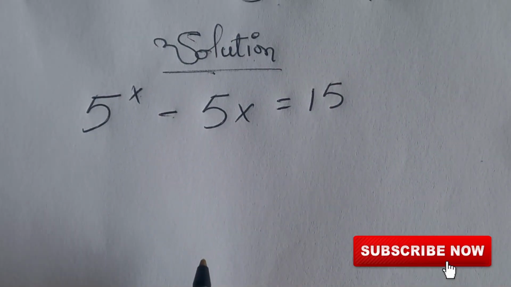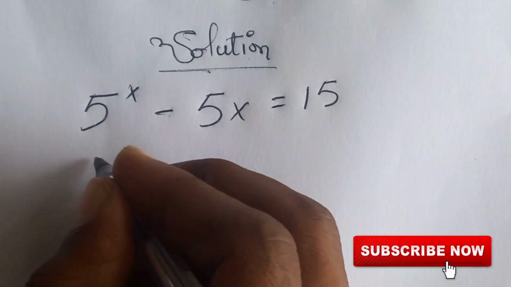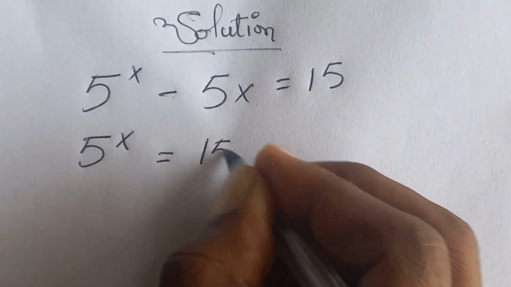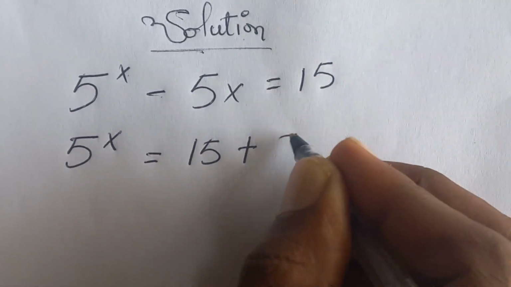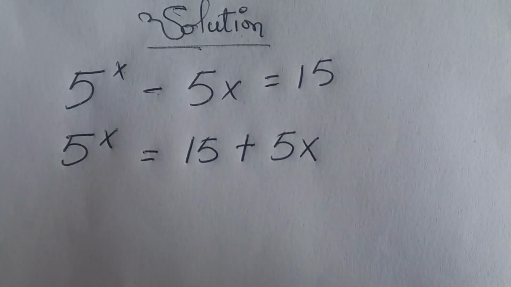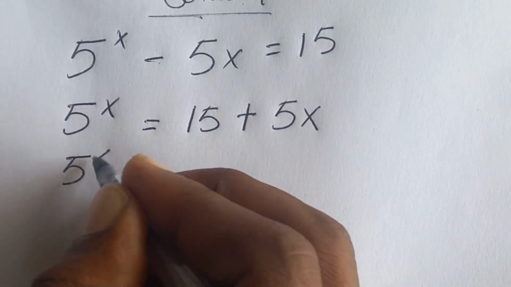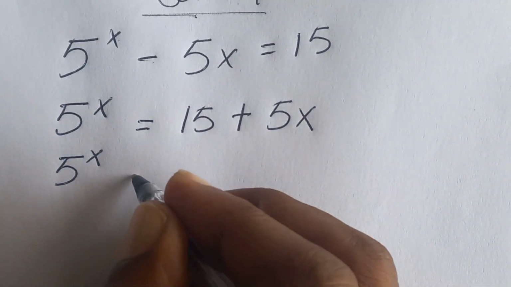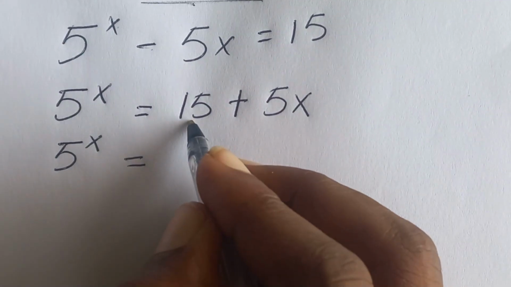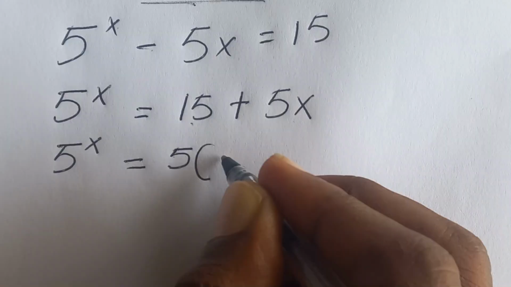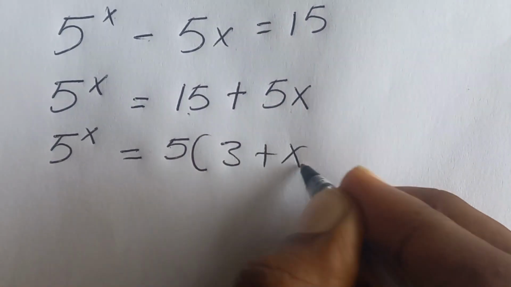So with this, we can say that 5 exponent x is equal to 15 plus 5x. Now, I say that 5 exponent x is equal to 5 out, then into brackets 3 plus x.